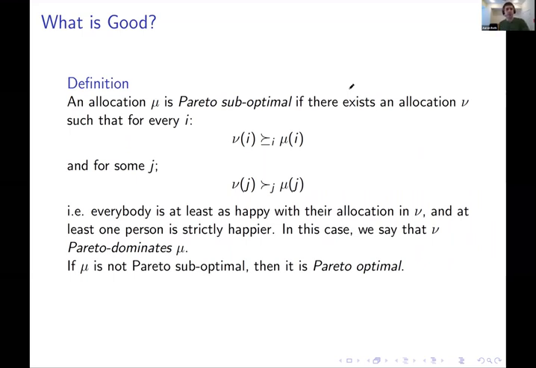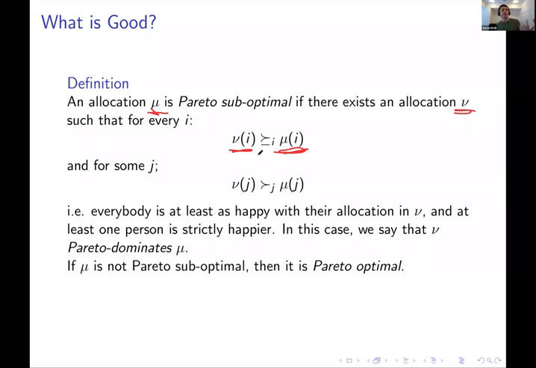In particular, we will say that some allocation mu is Pareto suboptimal if there's a different allocation nu such that for every single person, their output in nu is at least as good as their output in mu. So there's nobody who strictly prefers mu to nu. At best, everyone's indifferent.